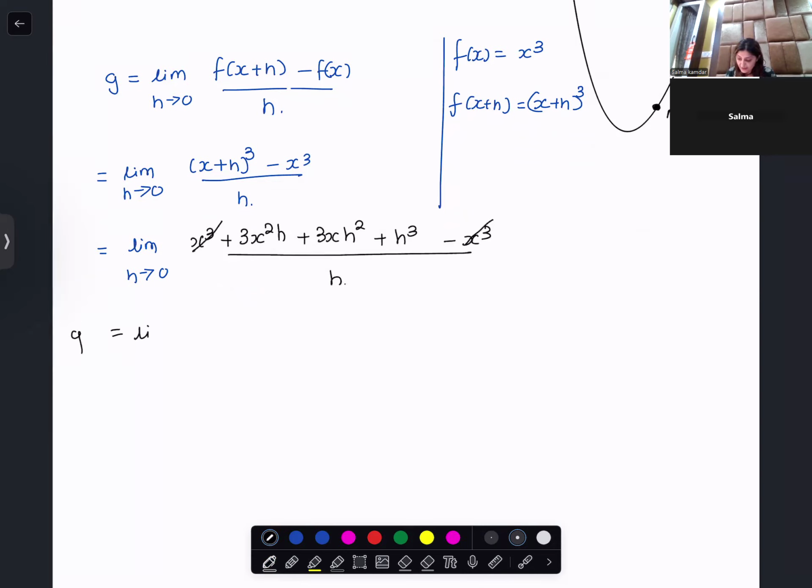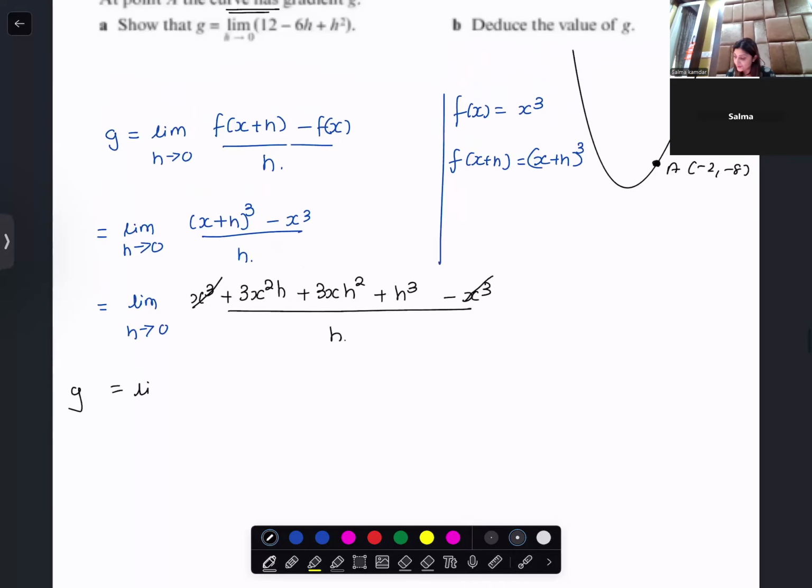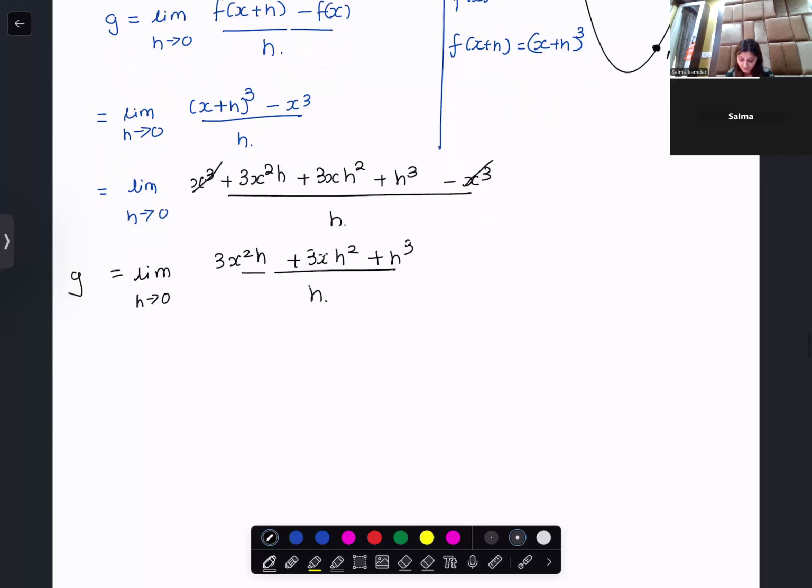So I'm left with the gradient of the curve at point A, which is the derivative of the function using the definition of the first principle, the definition of the derivative. So I am left with 3x square h plus 3x h square plus h cube, the whole divided by h.